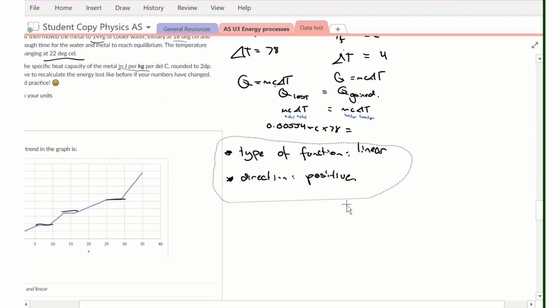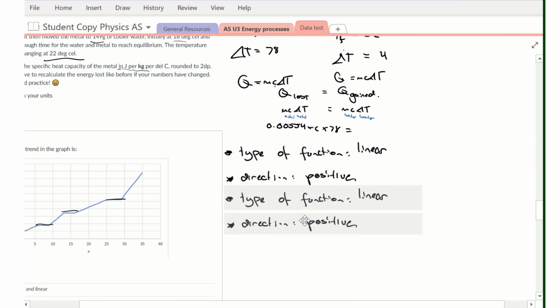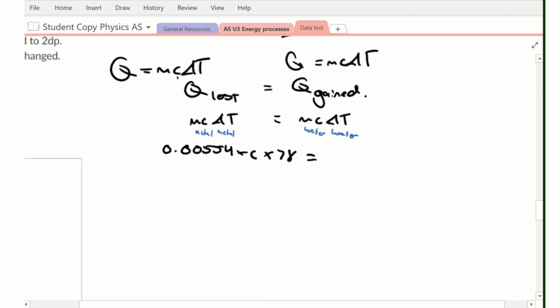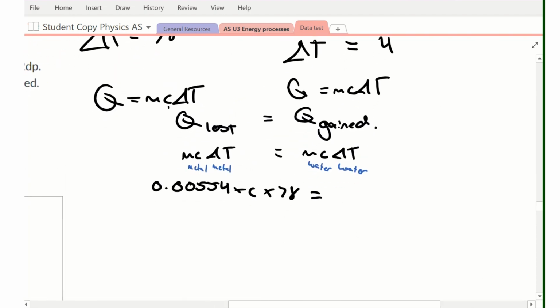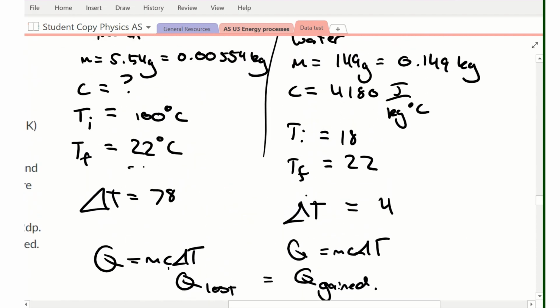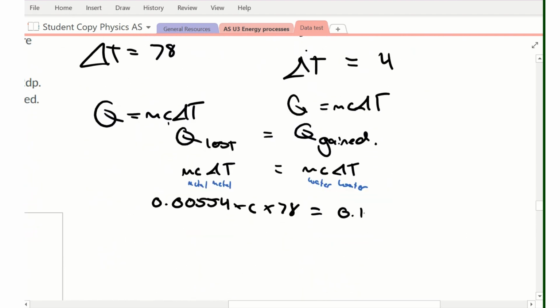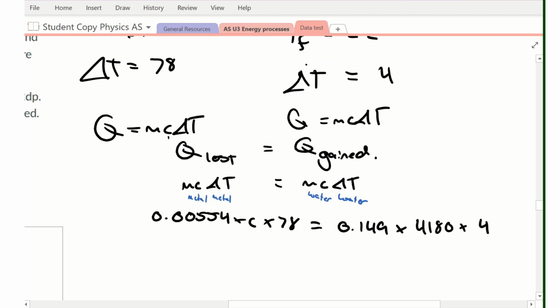Just like that. I missed the L, classic. Move that down. All right. The mass of my water is equal to 0.149. My specific heat capacity of water is 4,180. My difference in temperature is 4.